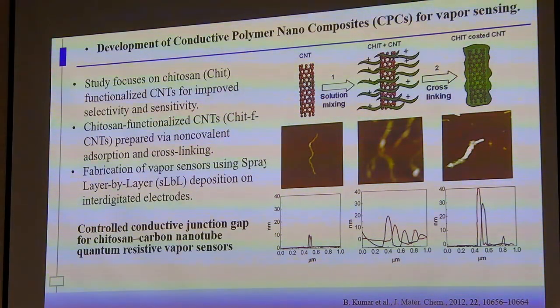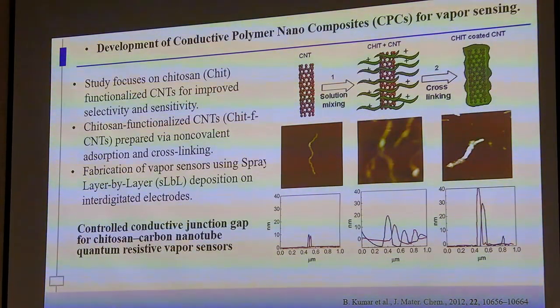Here you see the atomic force microscopy for these three different carbon nanotube samples. This is your pristine carbon nanotube. Diameter is around 10 nanometers. When you have chitosan plus carbon nanotube, the diameter varies from 10 nanometers to 20 nanometers. The reason we don't have a very high diameter is that these carbon nanotubes are not linear.